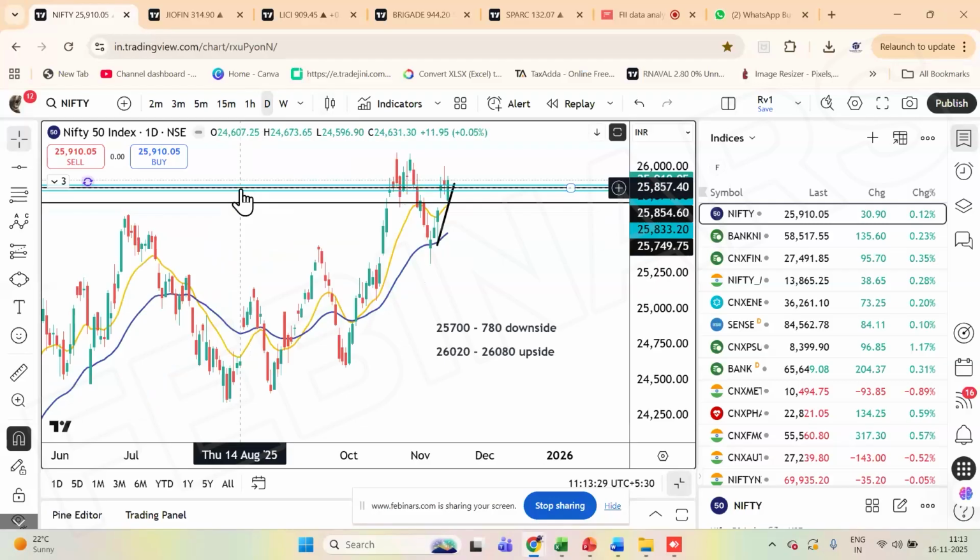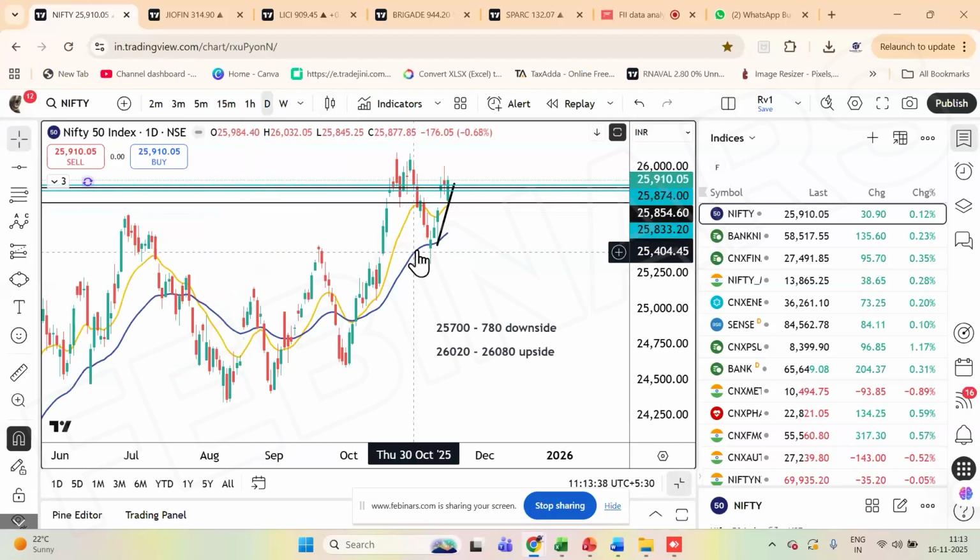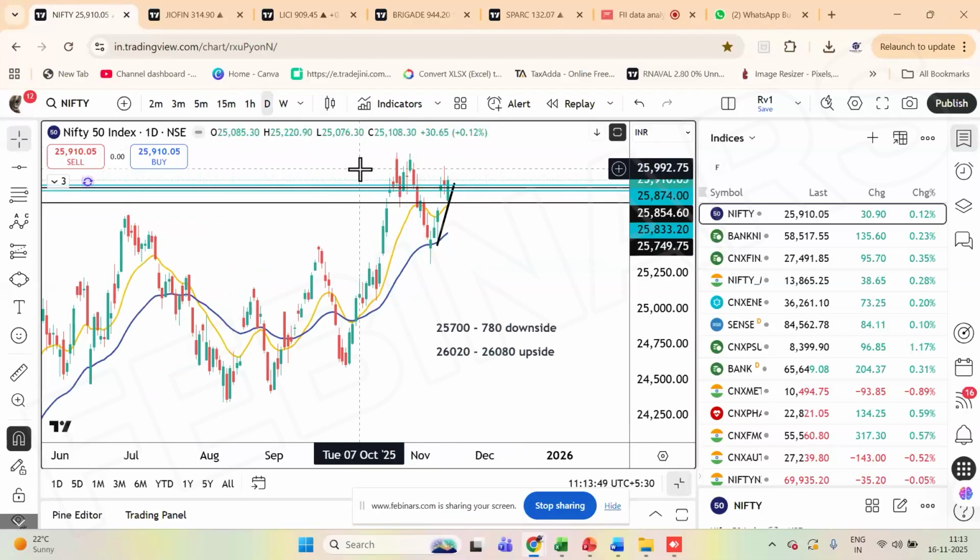Now the price has broken out of the first threshold, the last 3 days' candle high close has been broken out. 25,879 was a close that had to be taken out, and we have to start moving higher. My strength would be about 25,960 and 26,020. I would be a buyer in this market.